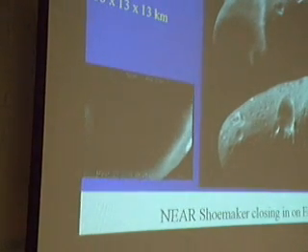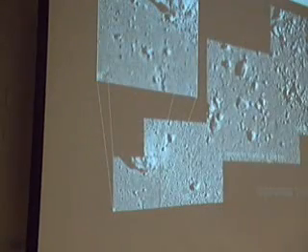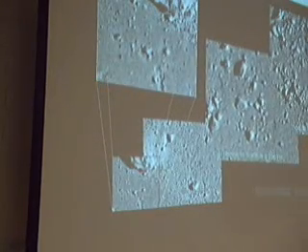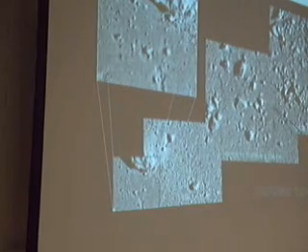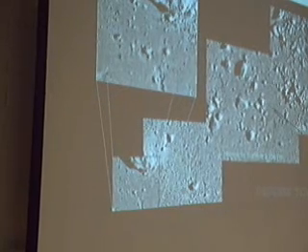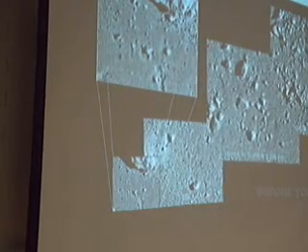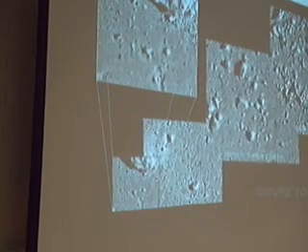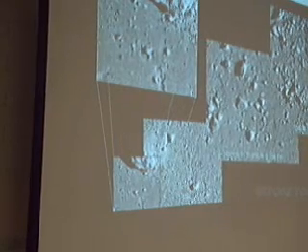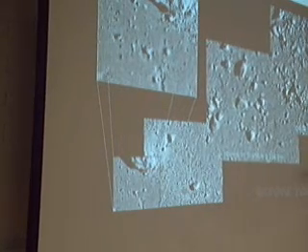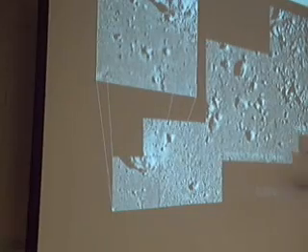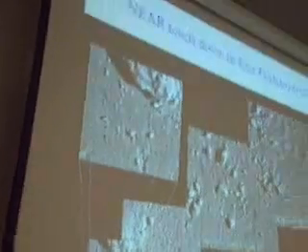And the real surprise came during the descent down to Eros, because this asteroid is not smooth at all. It even looks like it's dust covered. And that's really weird, because you have this little body, 50 kilometers in diameter. How can it contain dust on the surface? But it sort of gives us the loophole for not understanding how to connect the meteorites with the asteroids.